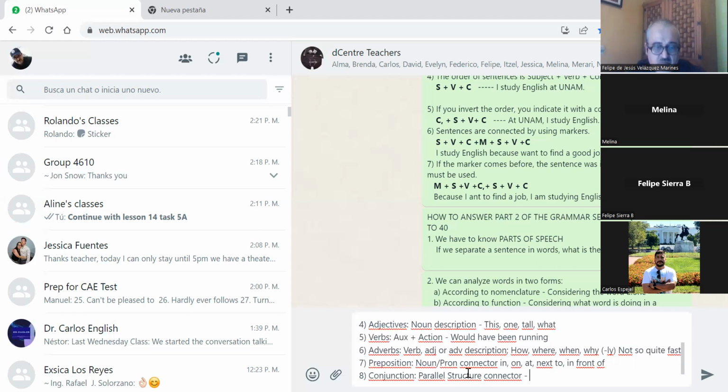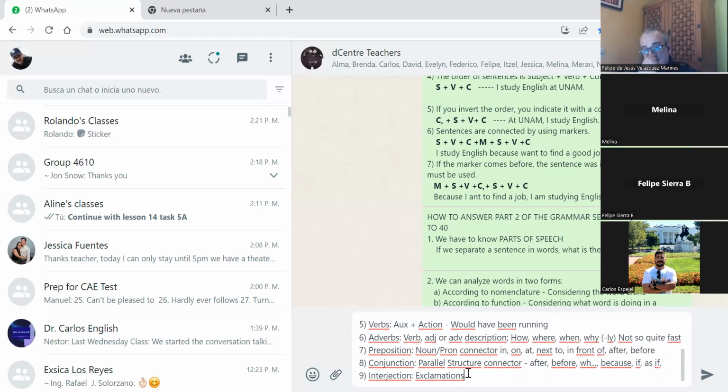After is also a preposition, before is also a preposition. So all the WH words, and the general connectors that we have: because, if, as if, etc. So when do you know that a word is a preposition or a conjunction?